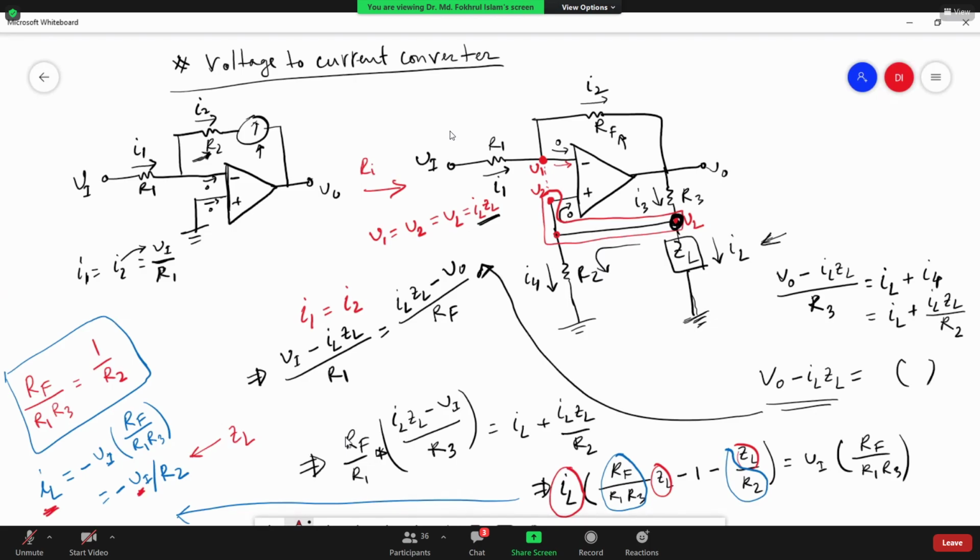Similarly in this case, a voltage follower may be inserted between the voltage source VI and the resistor R1 here, in order to eliminate any kind of loading effect.